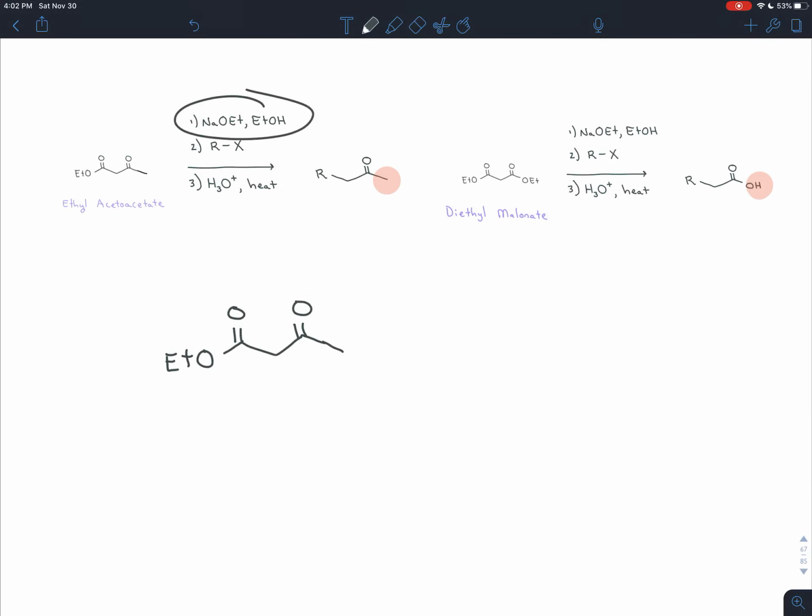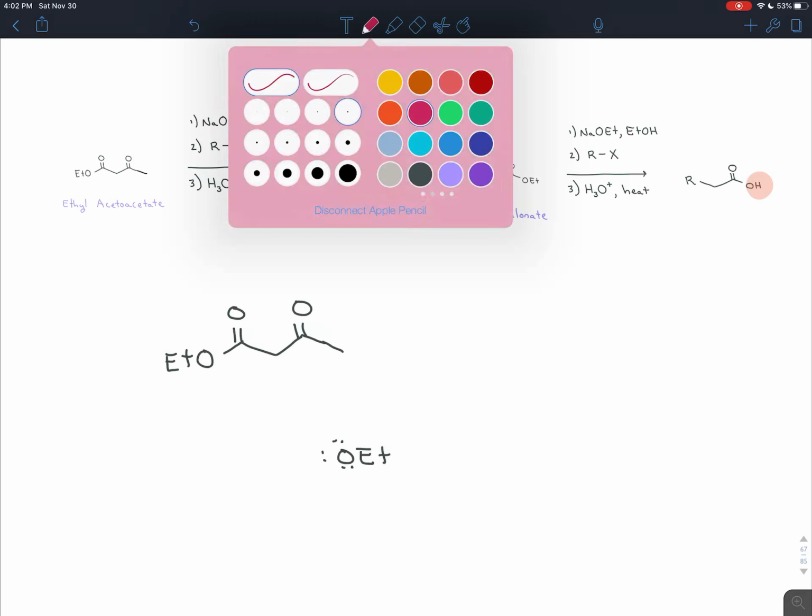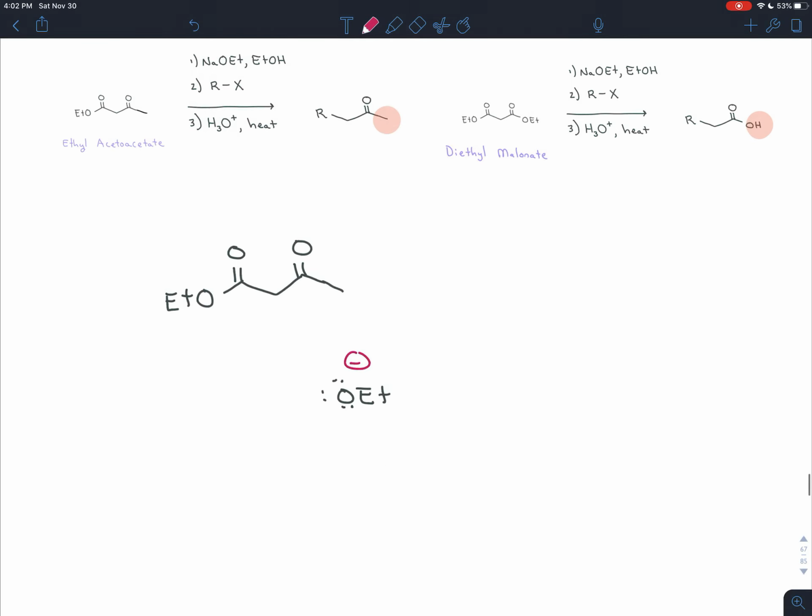Now we treat that with sodium ethoxide, and it does have to be sodium ethoxide because we still have one ester. Now this is going to function as a base, but we still have one ester, and this can undergo a nucleophilic acyl substitution. This could theoretically attack that carbonyl carbon, kick the pi bond up, you get the tetrahedral intermediate, and then it would kick down, and it might expel this original group.